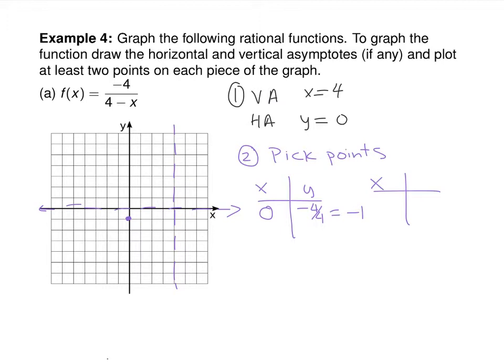So while plugging in 1 is pretty easy, you end up with negative 4 over 3, which is a fraction, and I just don't want to deal with fractions. Does that make sense? So how about we plug in 2? If you plug in 2, you get negative 4 over 2, which equals negative 2. So over 2, down 2, and that's this point right there.